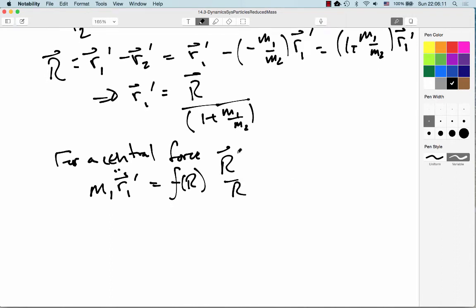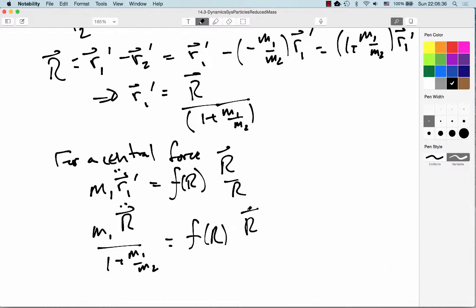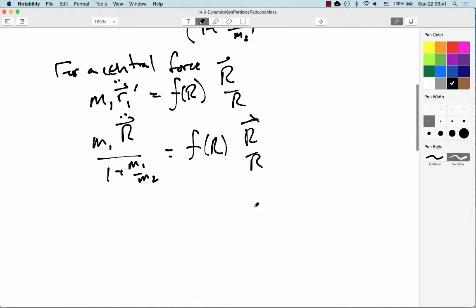Okay. So we came up with our expression for r1 prime, so let's just put it in so we can get this expressed in terms of our observables. If this is r1 prime, I differentiate this twice, I get a double dot here and a double dot there. So m1 R double dot, that's our observable, over 1 plus m1 over m2 equals f of R times R over R, which is just giving me a unit vector in the capital R direction.